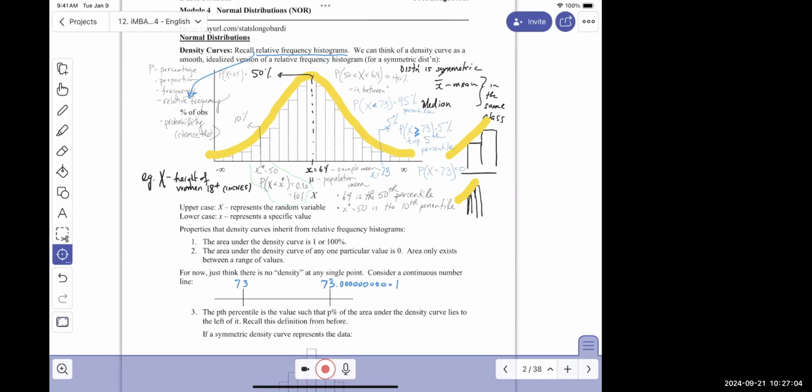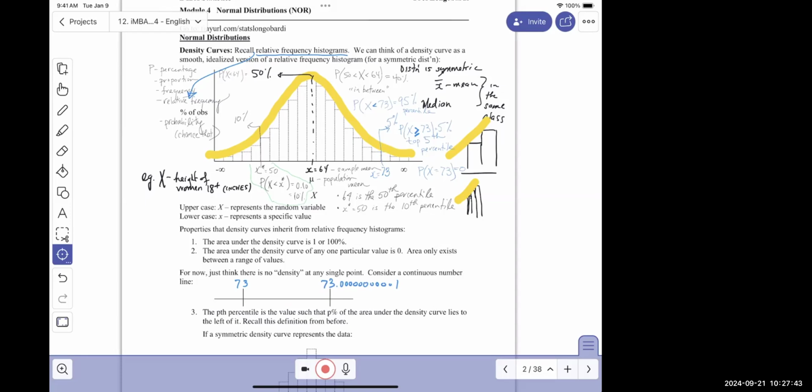Because it's continuous, theoretically, I could go forever. And when I touch one value, how thin does my line have to be that I just touched 73? So to be at any one single value, since there are infinitely many, even just between 73 and the next value, the chance of being at just one value is 0.